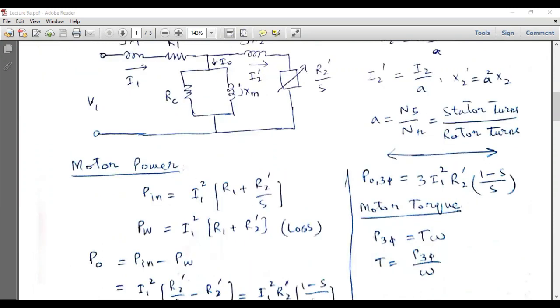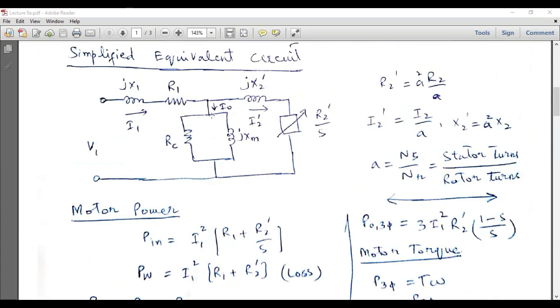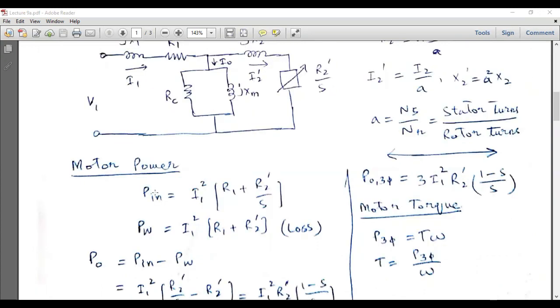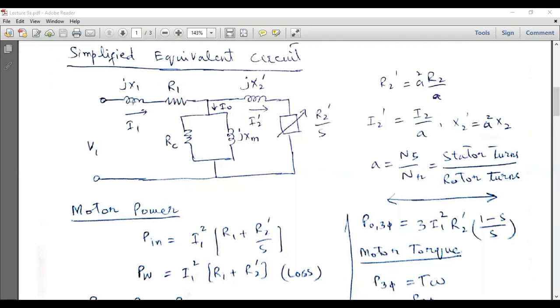So now we can calculate the power which can be generated by this induction motor. In order to calculate this power, this equivalent circuit and its understanding is essential. The input power drawn by the motor is equal to I1 squared into R1 plus R2 dash over S. All these reactances are basically sources of the reactive power which is oscillating in the induction motor.